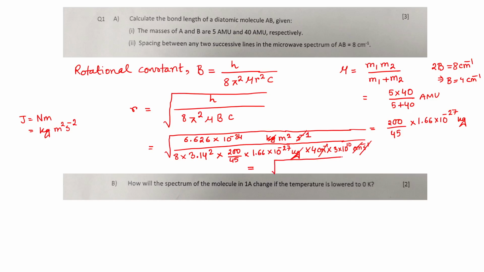So we'll just see what value is going to come. Let us at least keep it in terms of the order: 10 to the power minus 34 minus 27, it will be minus 61, and again 10 to the power 10 is there, so it will become 10 to the power minus 17... and then we can enter outside.